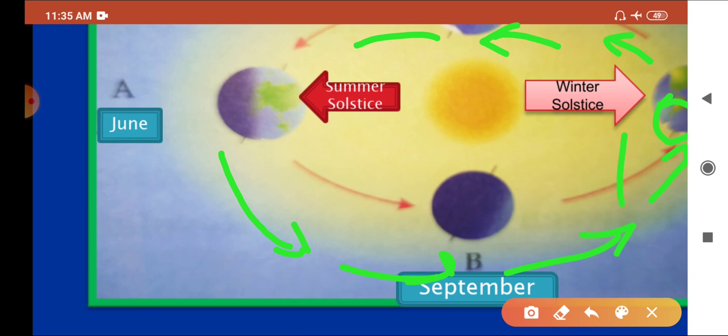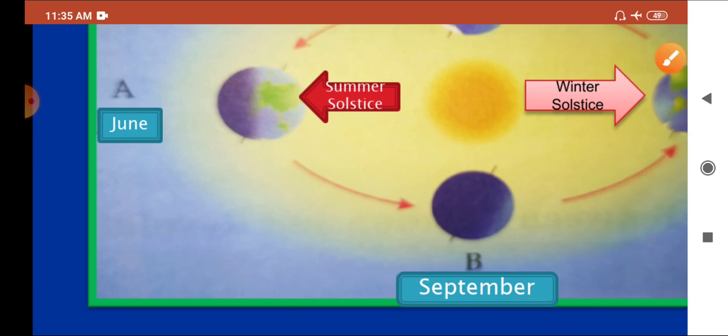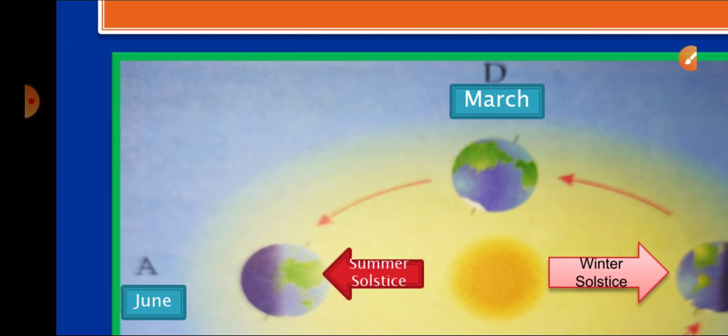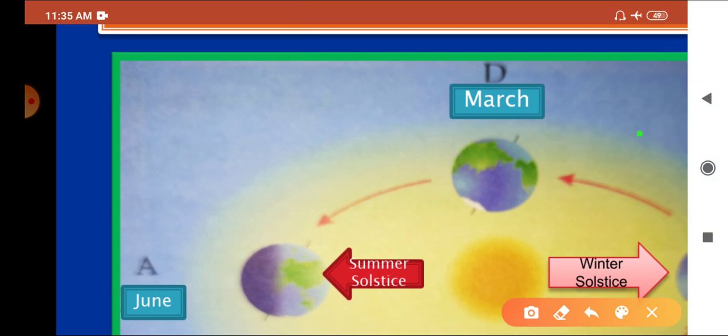Okay, now coming to this position of the earth, in which again it comes here on the top, or in the opposite direction. So sun rays fall directly on the half part of the earth, and it is also called equinox.